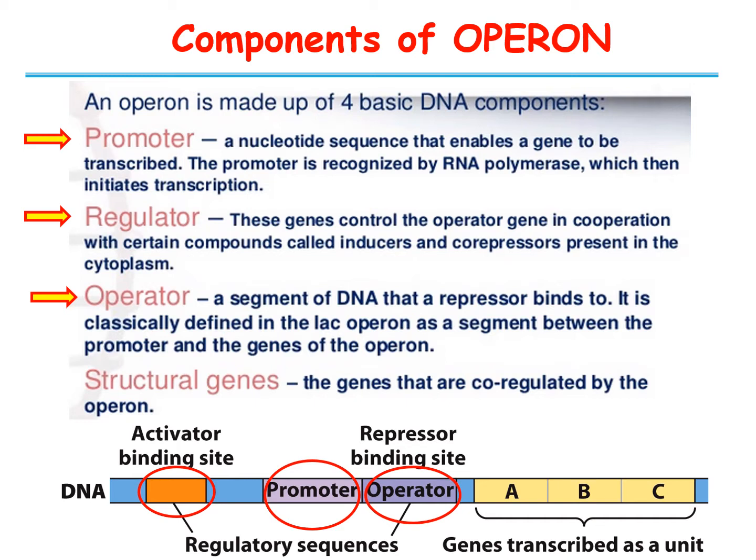You must remember that if we are talking about an operator, then we are talking about a repressor binding site, and that means it is an example of negative regulation. Then we have the structural genes. These are the genes which are being co-regulated, whose regulation should be fine-tuned together in order to achieve the particular effect.